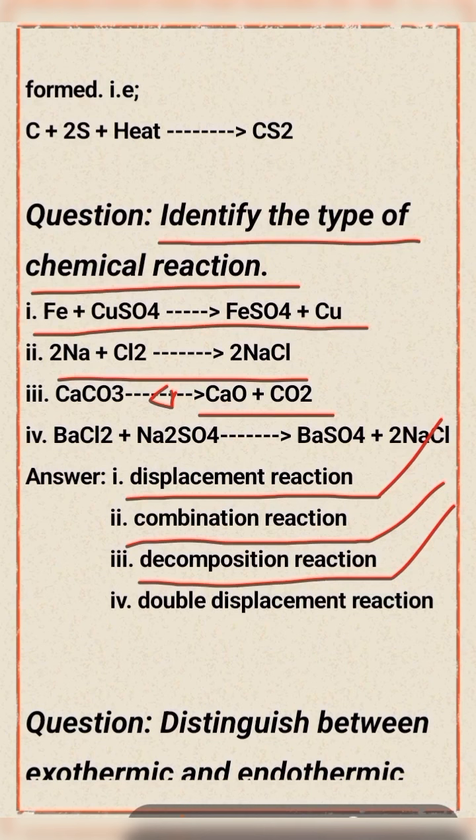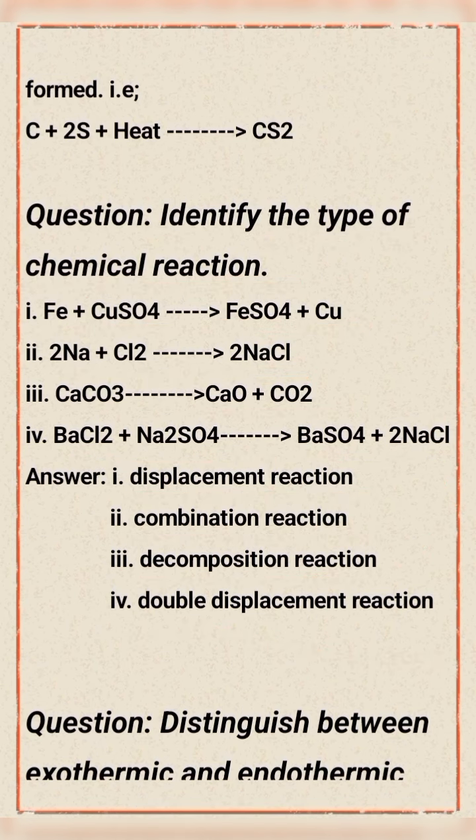Next part, question number 4: barium chloride, BaCl2, plus sodium sulfate, Na2SO4, forms barium sulfate, BaSO4, plus sodium chloride, NaCl. This type of reaction is a double displacement reaction. Okay.